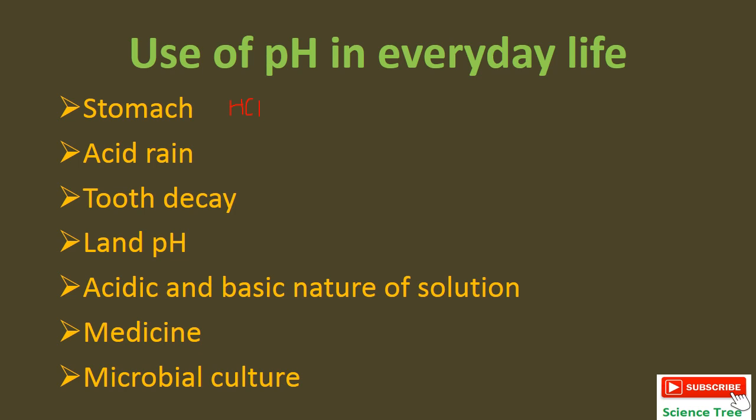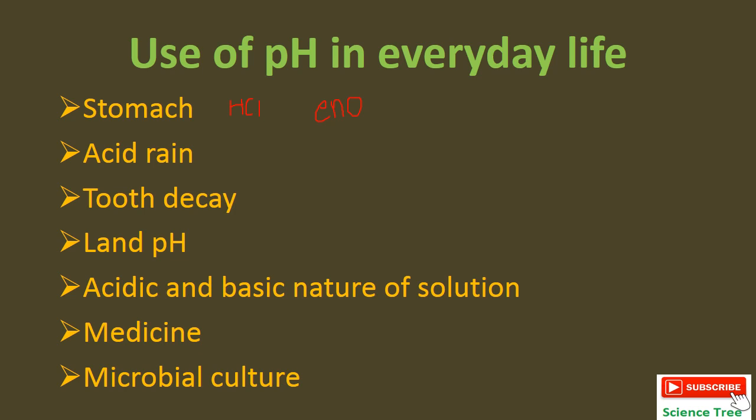It can be controlled by simple products like ENO. Now, what is present in ENO which can neutralize hydrochloric acid? ENO contains a mild base, and that mild base will react with hydrochloric acid to neutralize it.